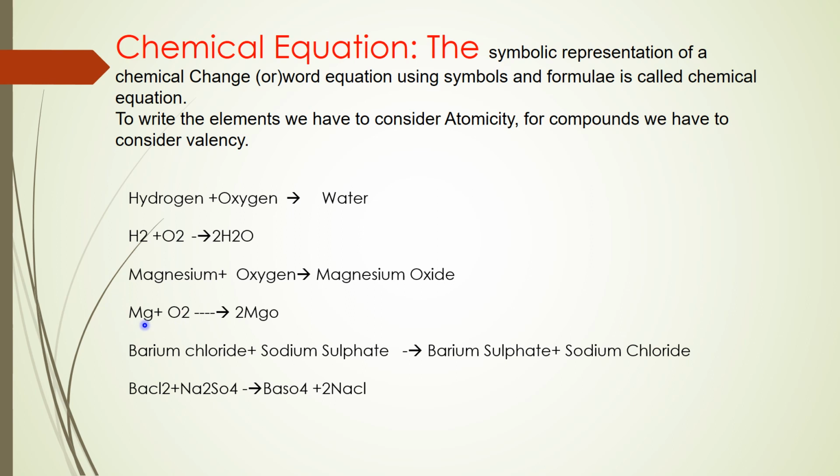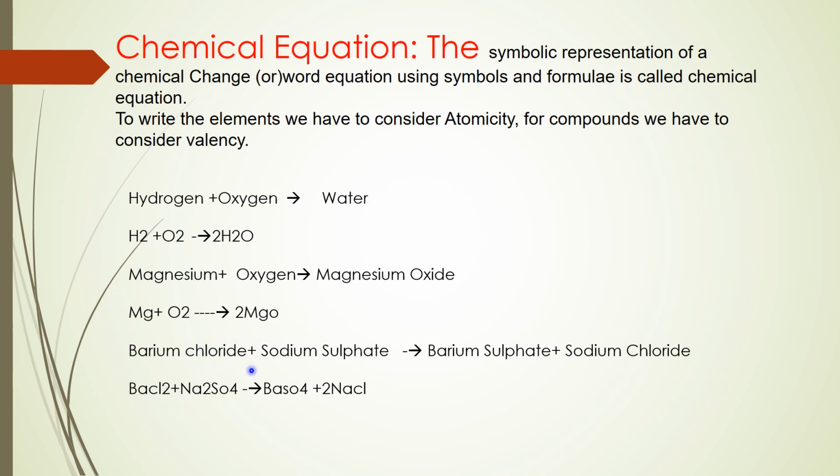So magnesium always takes part in the chemical reaction as a monoatomic molecule. So magnesium plus oxygen gives rise to magnesium oxide. Magnesium oxide is a compound, so I expressed it using the formulae. In the same manner, see this one.